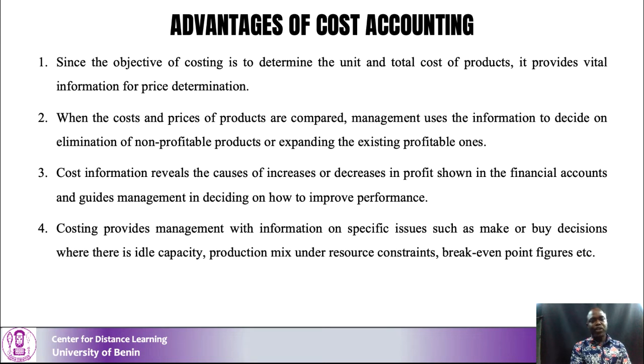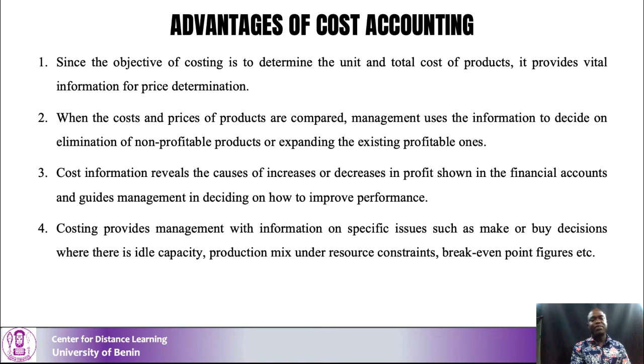Two, when the cost and price of a product are compared, management uses the information to decide on elimination of non-profitable products or expanding the existing profitable ones. Three, cost information reviews the cost of increase or decrease in profits shown in financial accounts and guides management in deciding on how to improve performance.